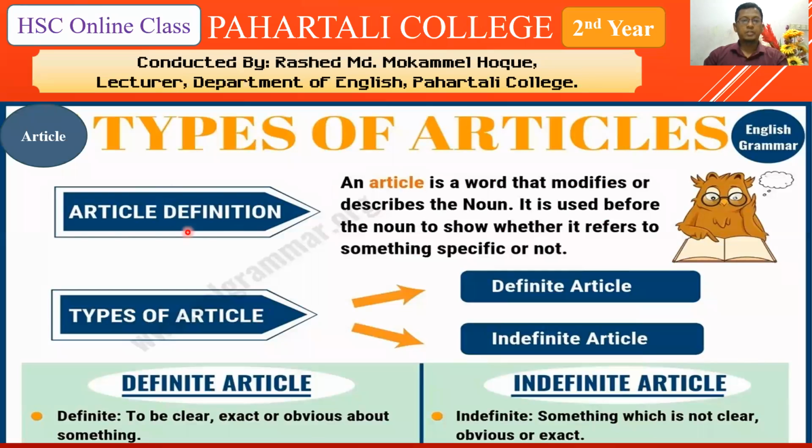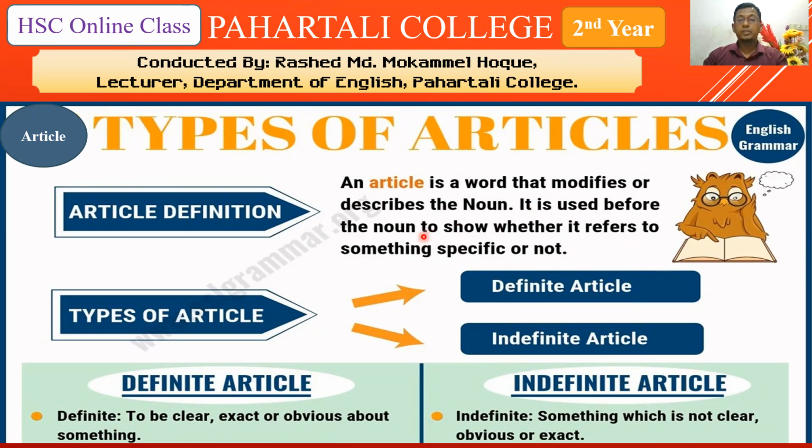As you know, the definition of article is given here. It is said that an article is a word that modifies or describes the noun. It is used before the noun to show whether it refers to something specific or not. Remember what is given here. An article is a word that modifies or describes the noun. That means article will modify or describe the noun.